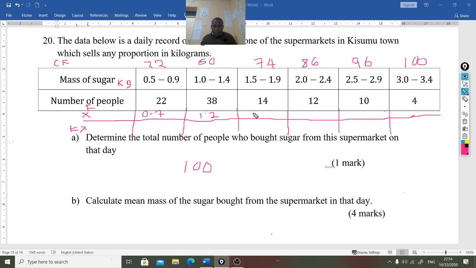Then 1.5 plus 1.7, you add, you get 2.2. You add, you get 2.7. And finally you add, you get 3.2.